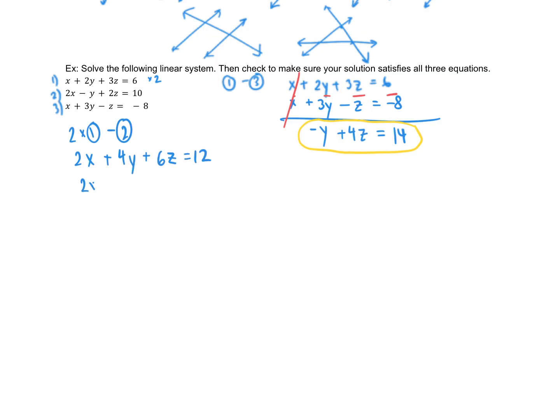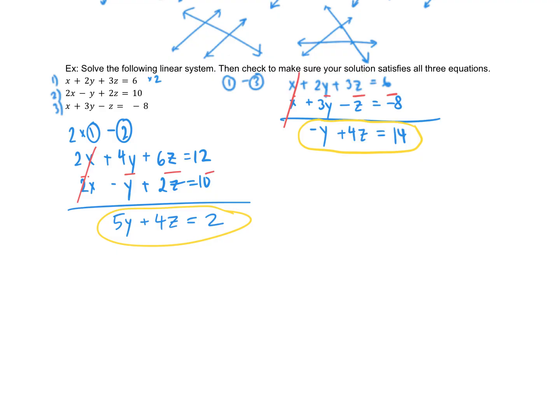The second one I'm just going to copy paste. And now subtract. X's are gone. 4 minus negative 1 is 5y. 6 minus 2 is 4z. And 12 minus 10 is 2. Now I have a second equation about y and z.